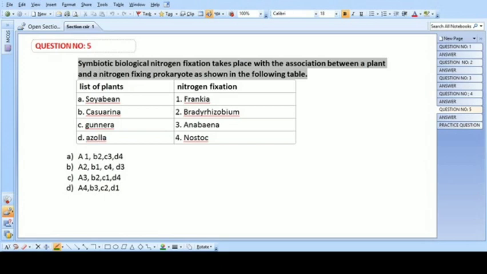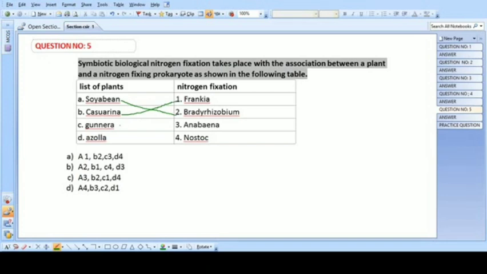Here we are given a list of plants and nitrogen fixation. The first option is soybean. It's incorrectly shown as Frankia. The correct option is that soybean has nitrogen fixation with Bradyrhizobium and Casuarina has association with Frankia.